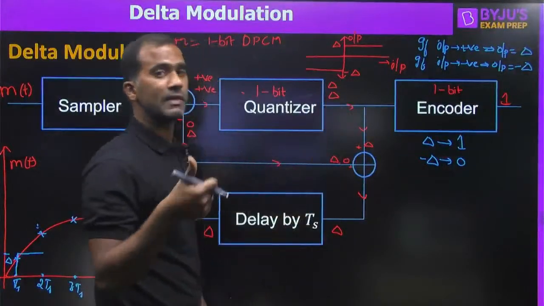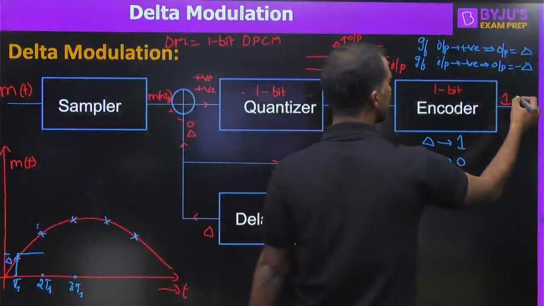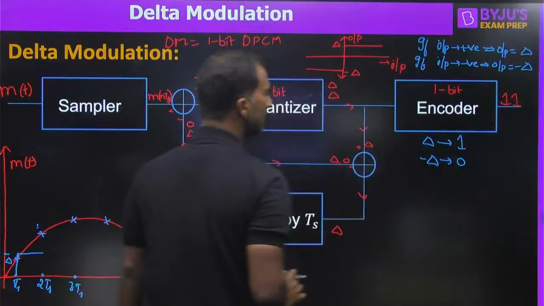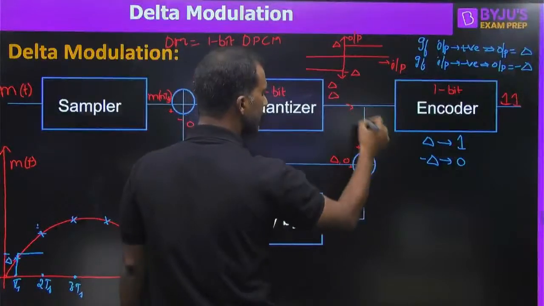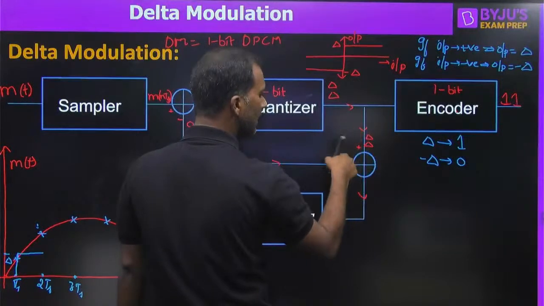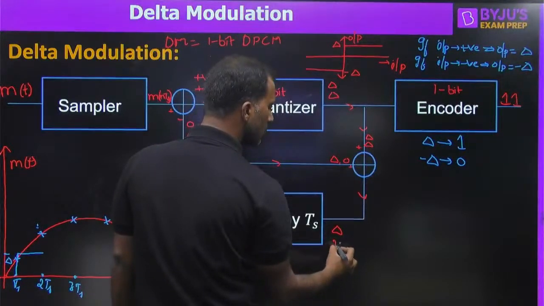Output of quantizer can be only delta or minus delta, only two of them. So delta, if it is given input to encoder, we'll get 1 bit, because that is how the encoding is being done. Right, so the same delta comes here. The same delta comes here, and already delta is here. Delta plus delta will become 2 delta.